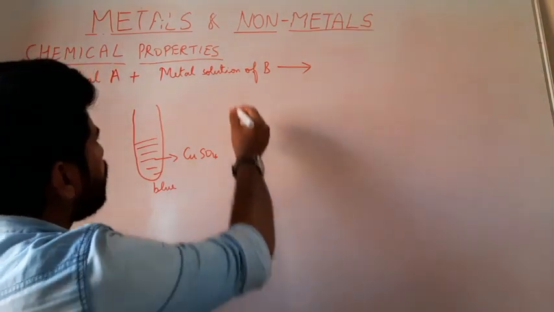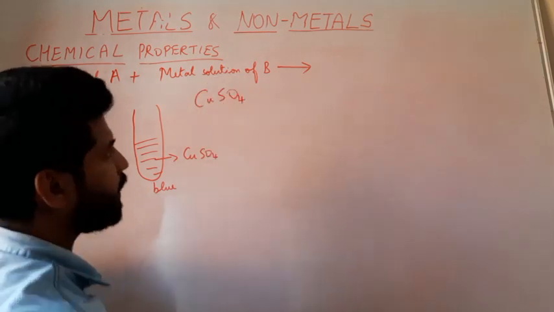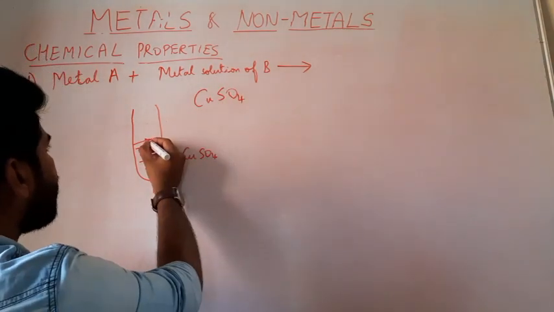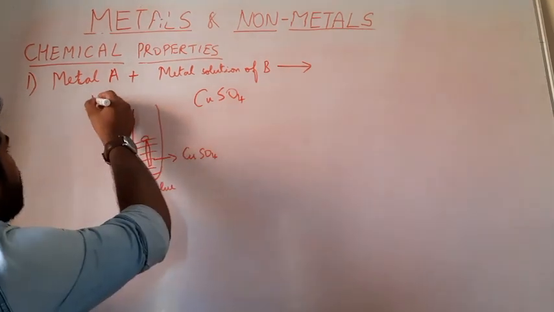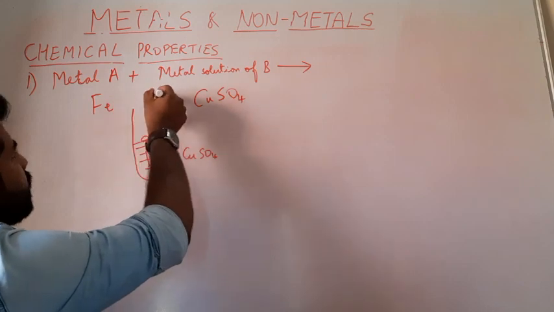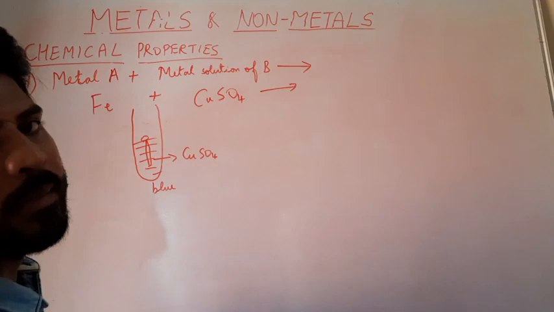To this metal solution of B, that is copper sulfate, let us say we add an iron nail. So metal A is iron, and leave this setup as such for some time.